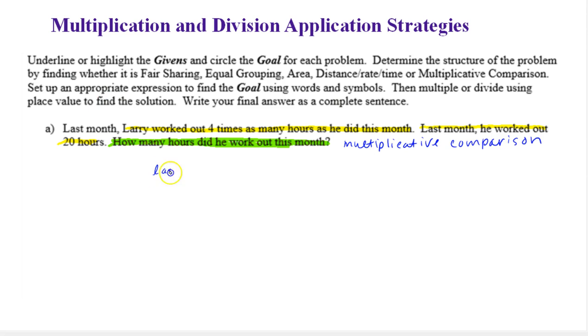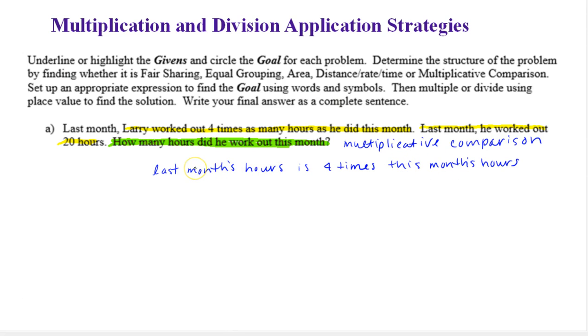So last month hours is 4 times this month's hours. Okay, so again, we're comparing last month's working out hours with this month's, and this is how they're related.